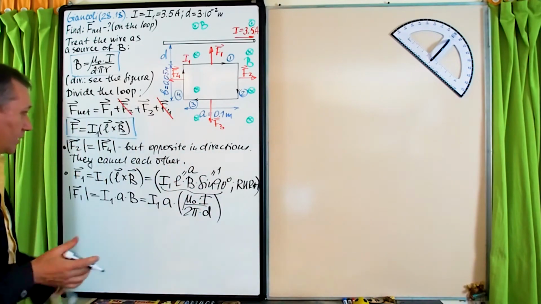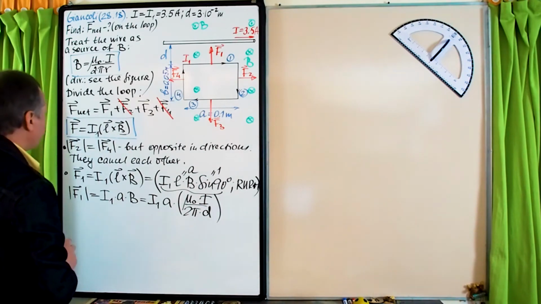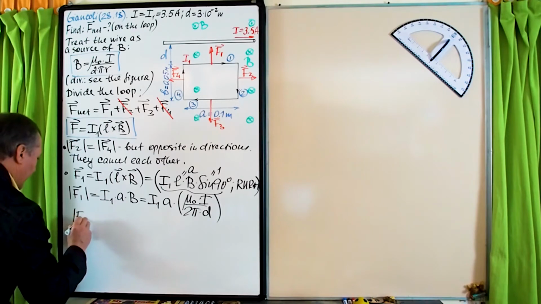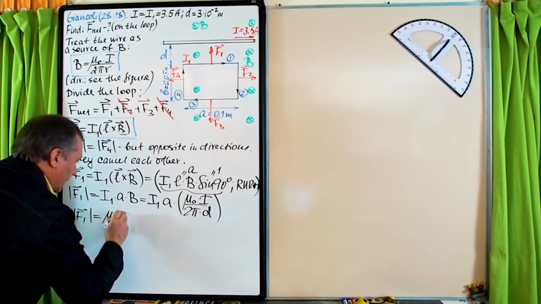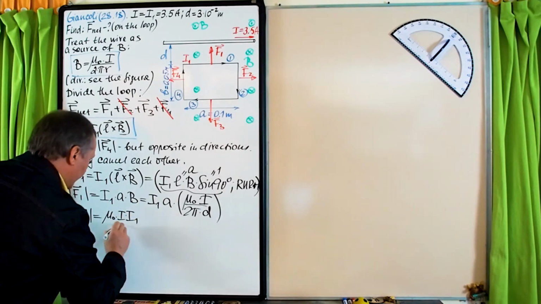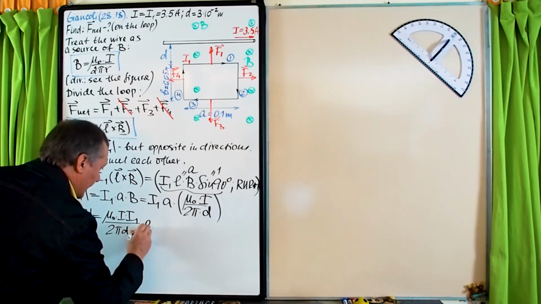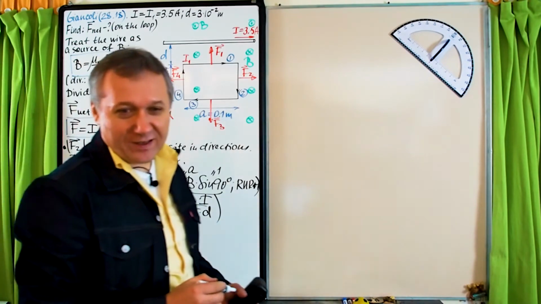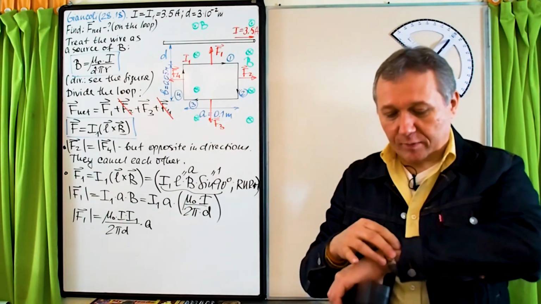Okay, so now let me make it look nicer. F1 will be equal to mu naught I1 divided by 2 pi d, times A. So that's the formula for the magnitude of the force F1.